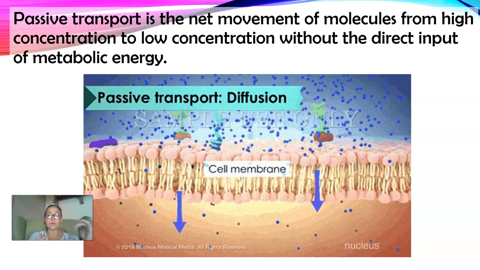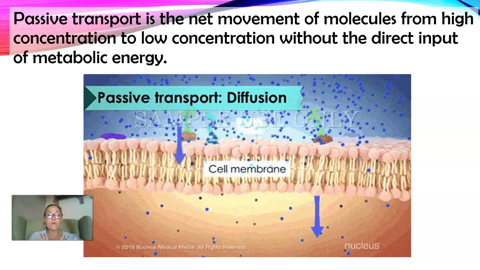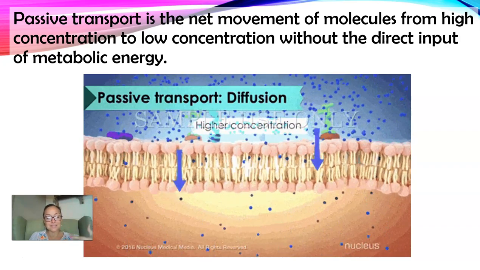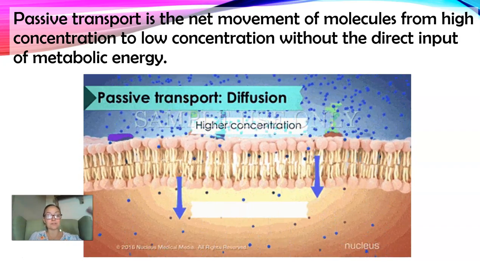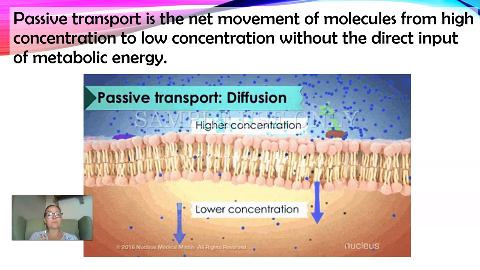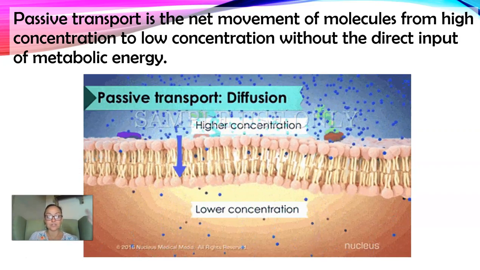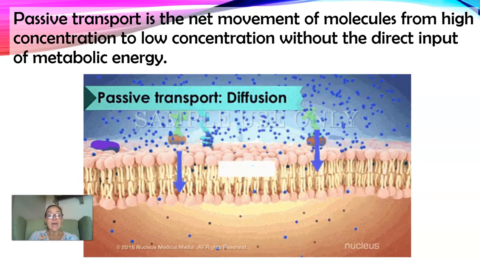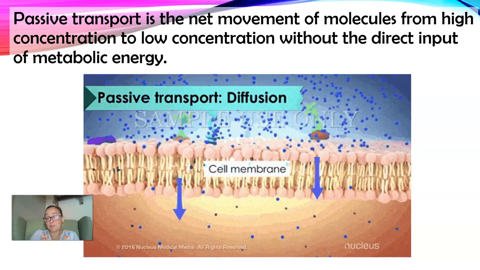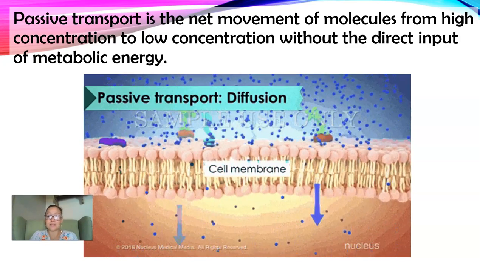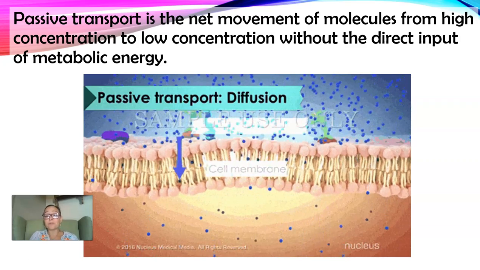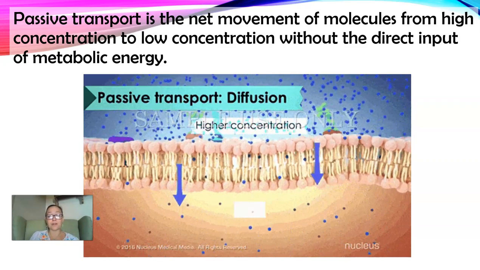Rather, due to all these random collisions, the overall net movement is from where there's more of them to where there's less. They basically are spreading out from high concentration to low concentration. And it just so happens that oxygen or carbon dioxide are nonpolar and can diffuse right through the membrane.